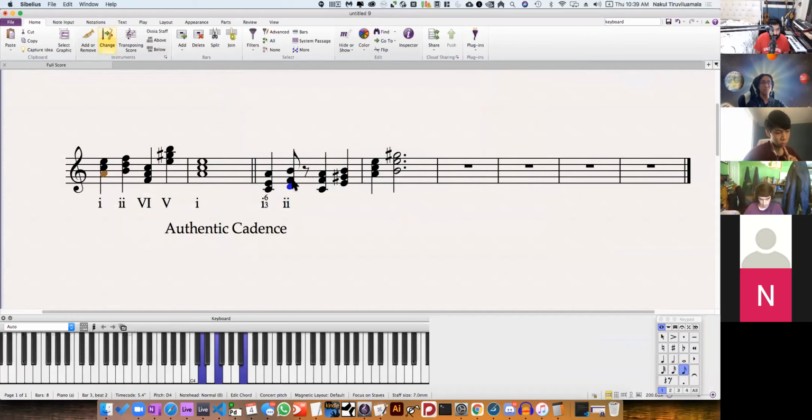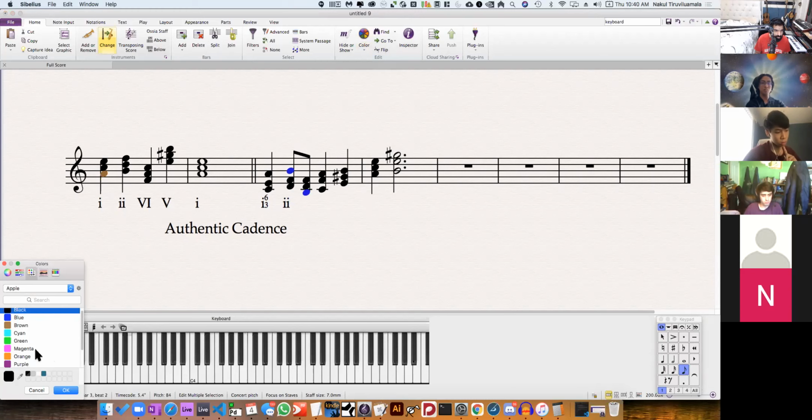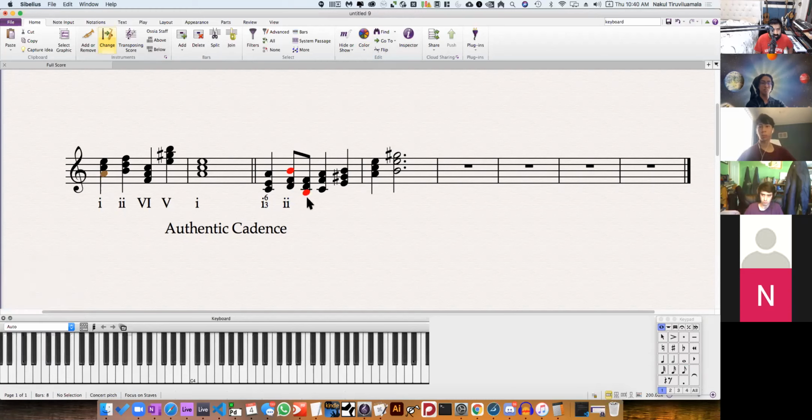If I flip this note right here, and I make the root red, even though we figured out the root is B, it might be difficult to comprehend that B is the bottom. To figure out the quality of this chord, we have to count from the root.